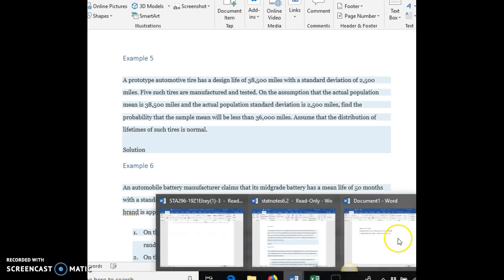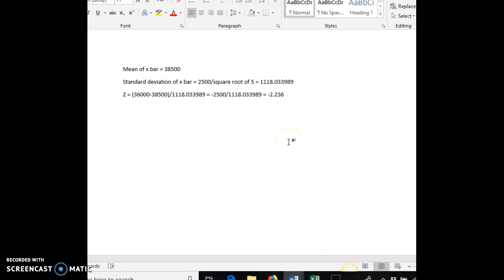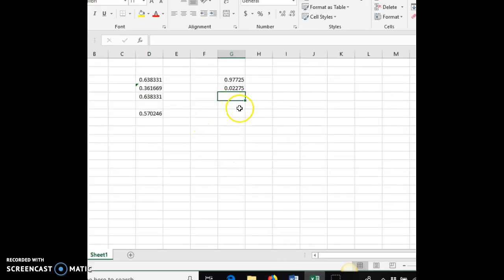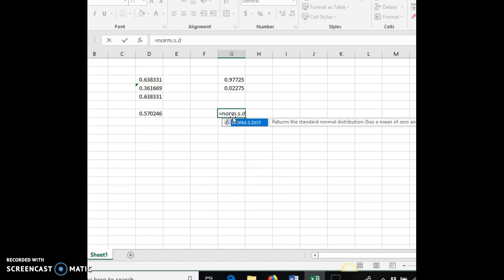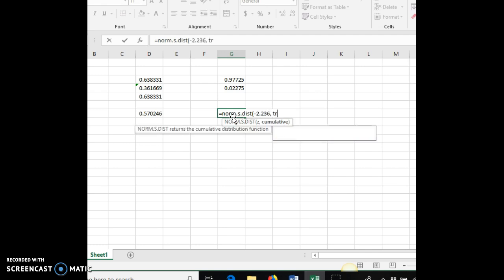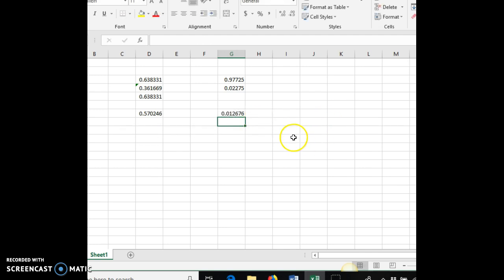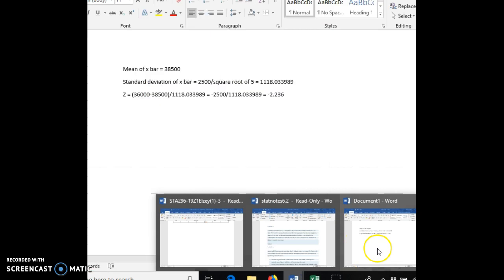So let's put negative 2.236 in there. So equal norm.s.dist, negative 2.236, and true. And that probability is 0.0127.